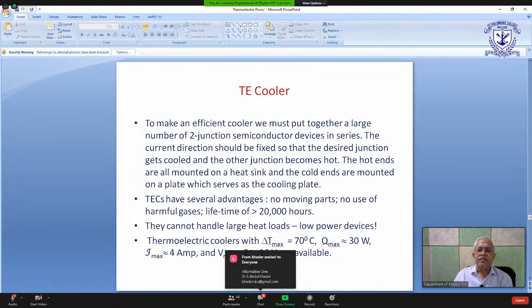Thermoelectric coolers with a maximum temperature differential of 70 degrees centigrade can handle a heat load of about 30 watts, and commercially available thermoelectric coolers operate at around 5 to 10, 15 volts at a current of a few amperes.